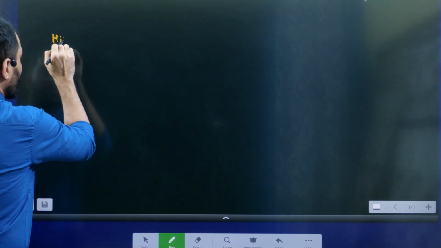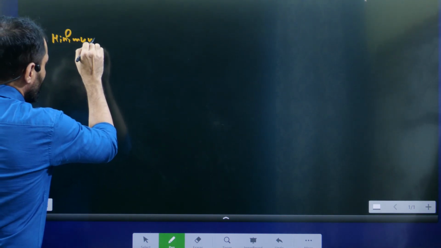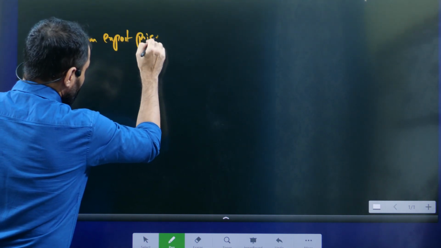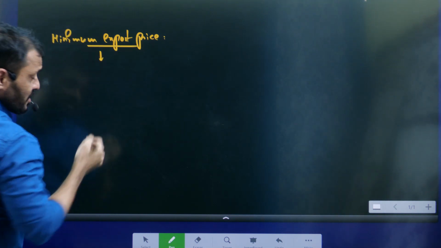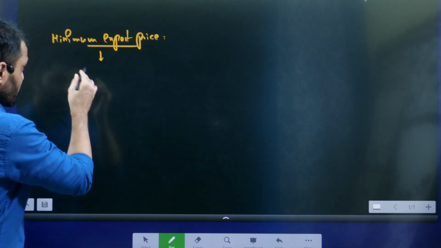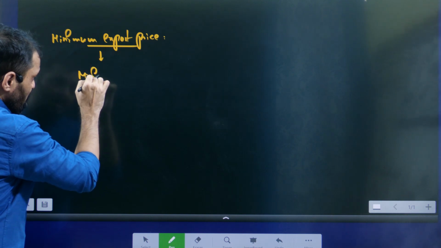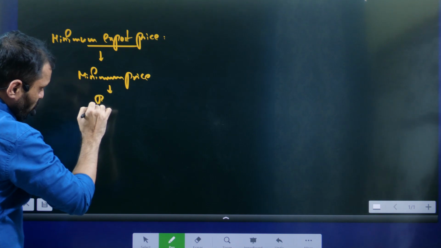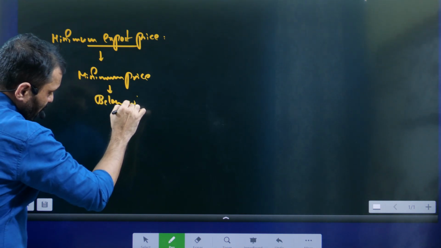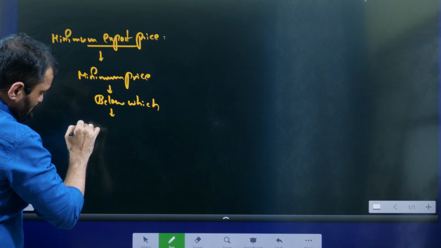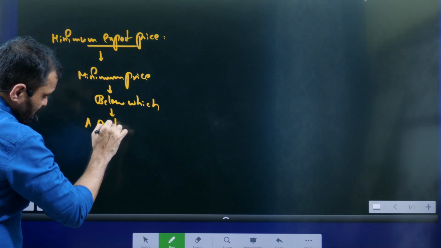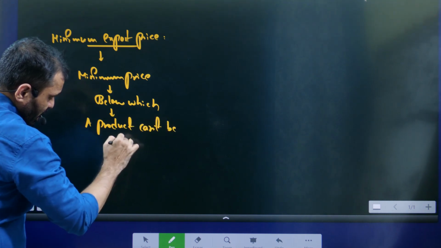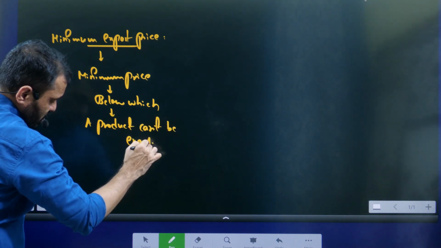What is the minimum export price? Listen students, minimum export price is the minimum price below which a product cannot be exported. Very, very important.